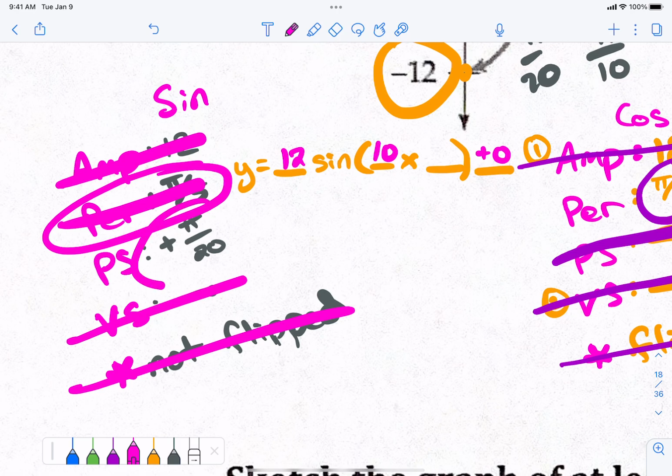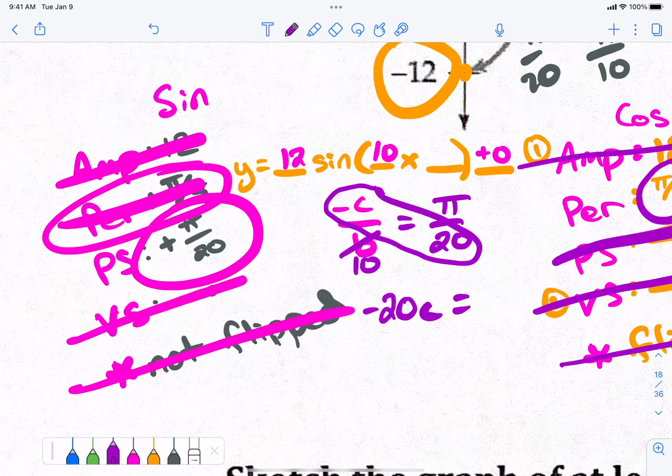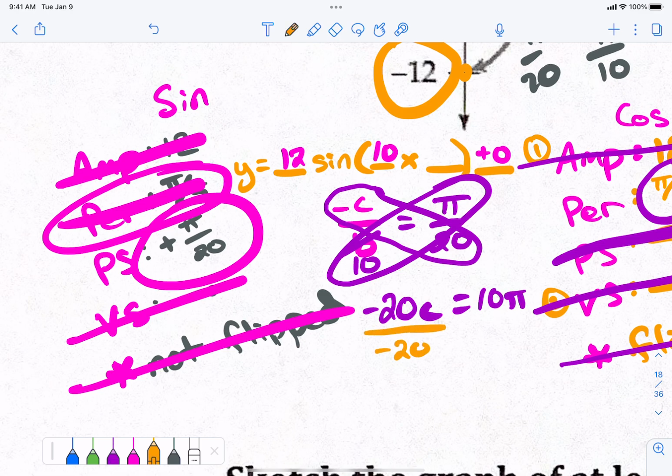How do you calculate phase shift? Negative c over b, but we know that b is 10. Equals pi over 20. Would you like to cross multiply? What's negative c times 20? Negative 20c equals, what's pi times 10? 10 pi. Now, to get c, I'm going to divide by negative 20, and let's reduce.